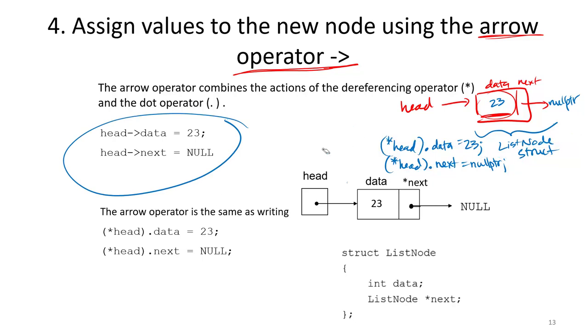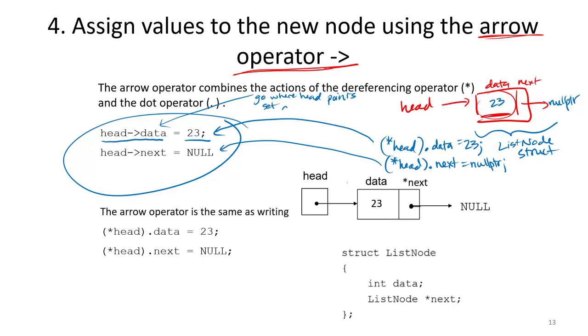We see that the arrow operator is a faster, easier way to write an equivalent expression. So instead of writing asterisk head dot data equals 23, we write head arrow data equals 23. This basically says, go where head points, and set data to 23.